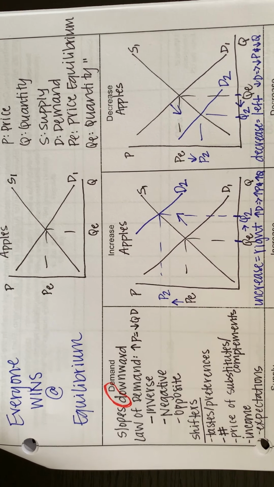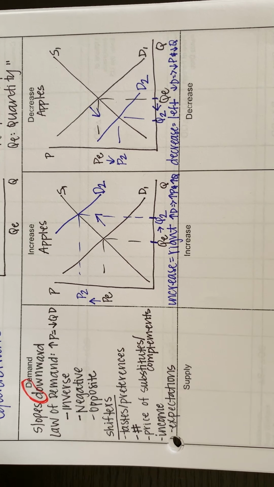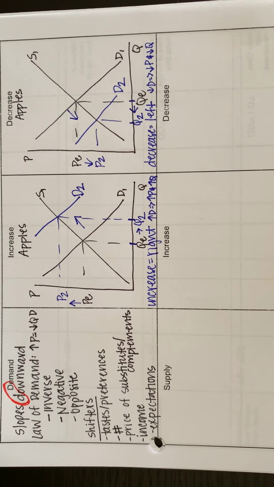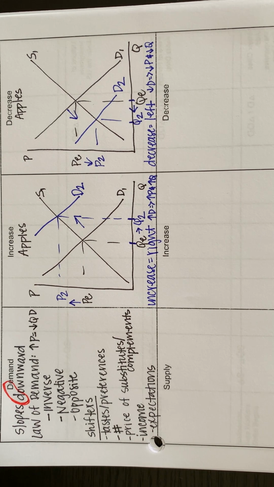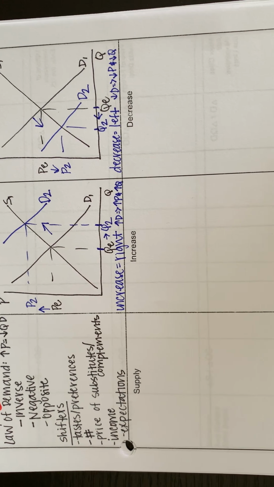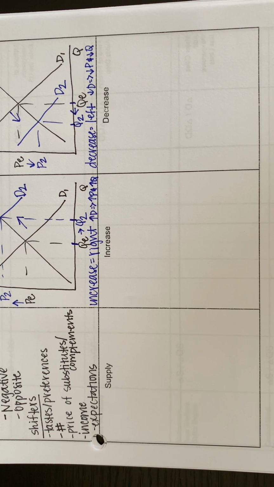So let's jump on to supply. And if you didn't get all of this, the key is in Google Classroom, so feel free to look at that after we're done to make sure you have everything.